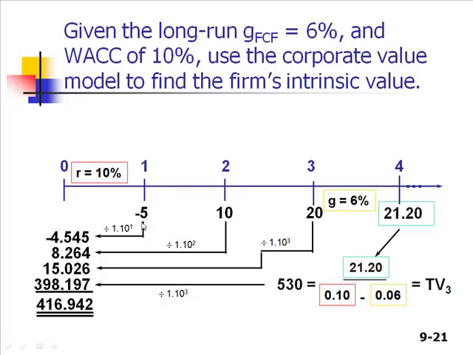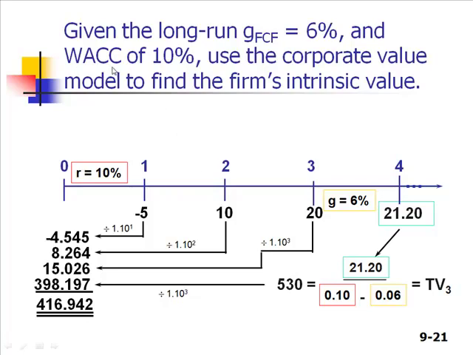These are just the estimates, and they're given. And then after that, the long run growth rate in the cash flows is expected to be 6%. So we could go ahead and forecast the next one, kind of like we did in the non-constant dividend growth example. I always like to forecast one more. So I take 20 times 1.06, giving me 21.20. And that'll help me in just a minute.